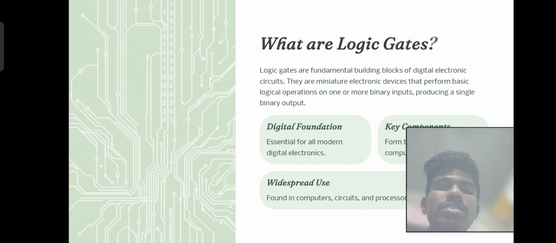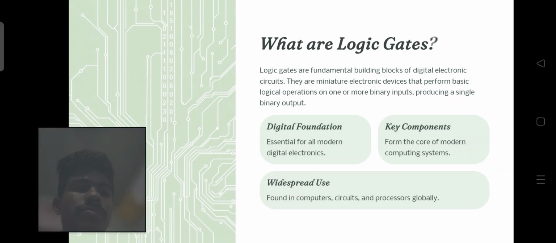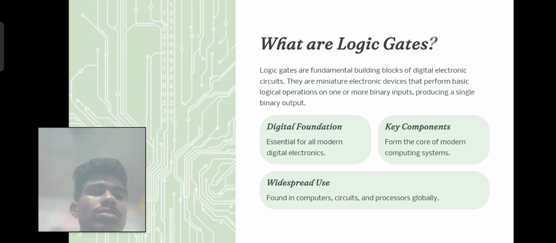The interconnection of the gates to perform a variety of logical operations is called a logic design. Digital logic is essential for all modern digital electronics and is widely used in computers, circuits and processors globally.